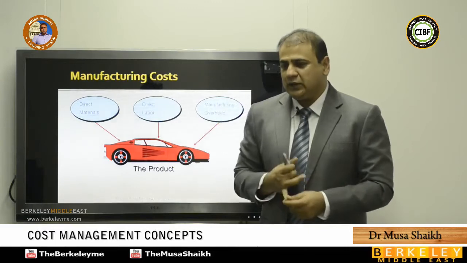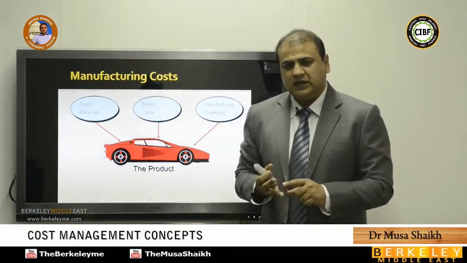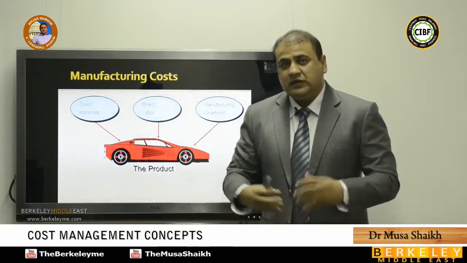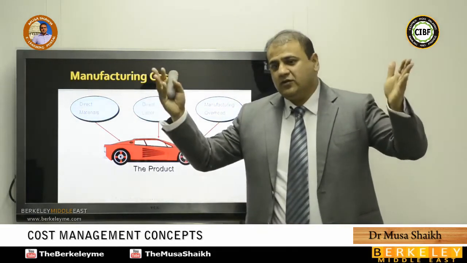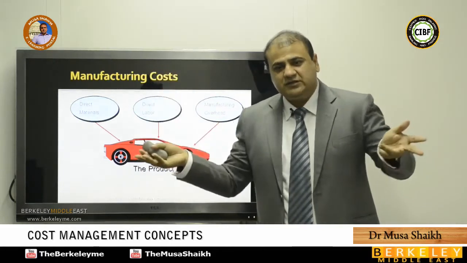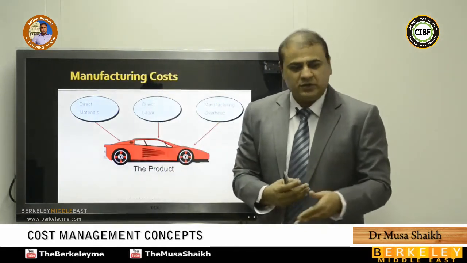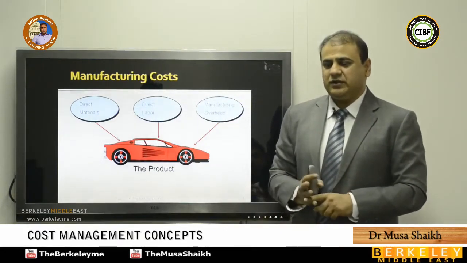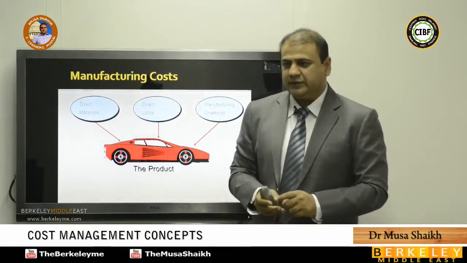If you see a calculator, it has material, someone has assembled it, so labor, and without a shed, office, engineers, or a mechanism, we cannot produce things. So we need overheads. Everything has material, labor, and overheads.